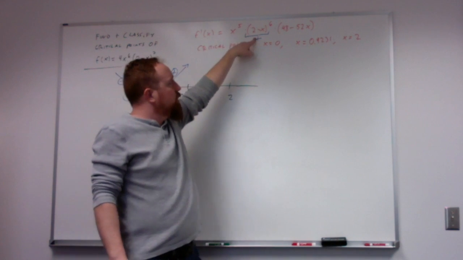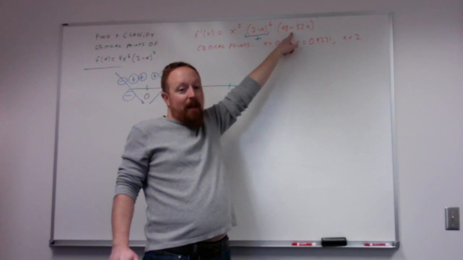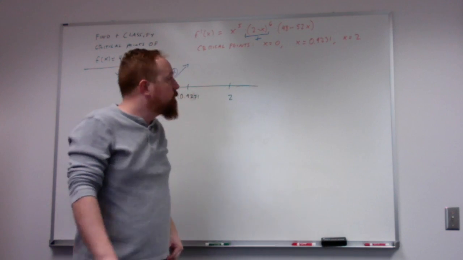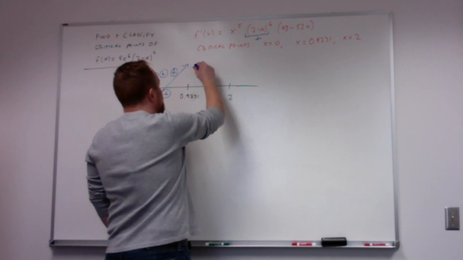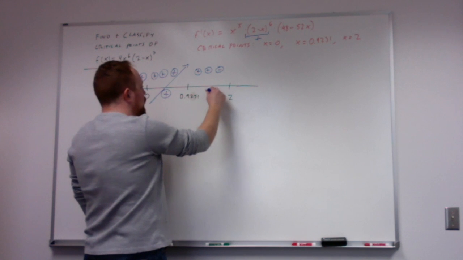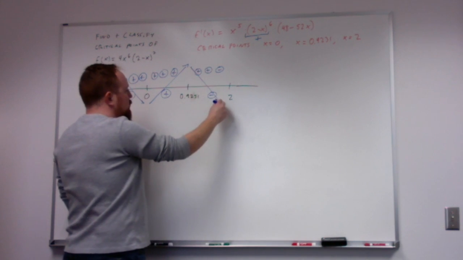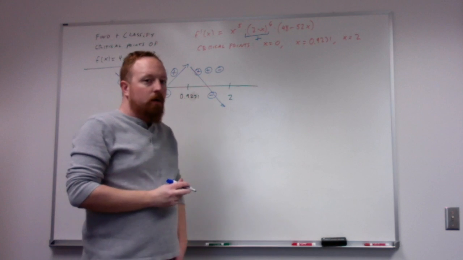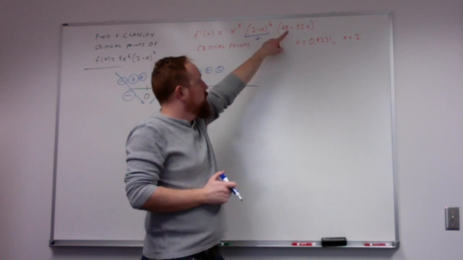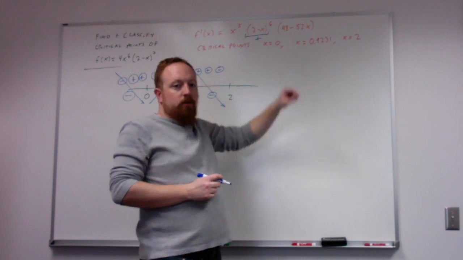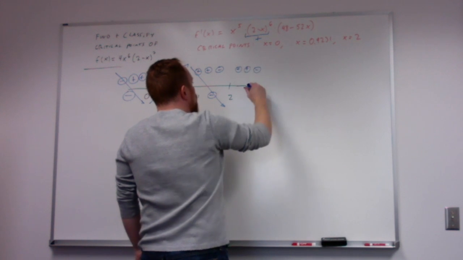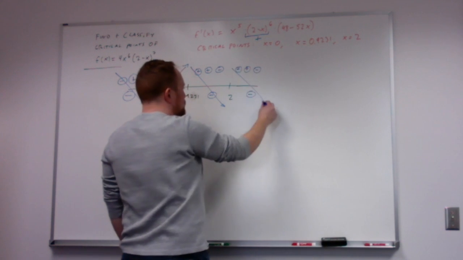This will be positive, this will be positive, this will now be negative because now we are past the point where this becomes 0. So we have positive, positive, negative. Multiply those together and we get negative overall, which means the function is decreasing on that interval. And now if we take something larger than 2, we'll have positive, positive, and negative again, which means that overall we have a negative answer, which means the function is decreasing there.